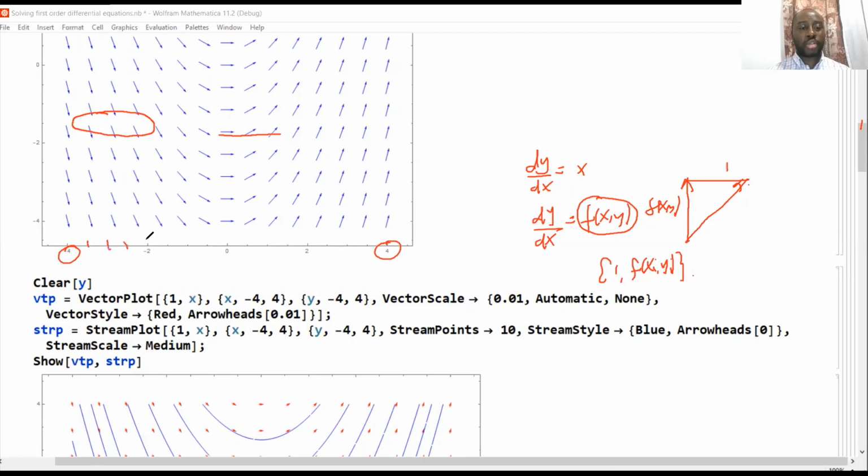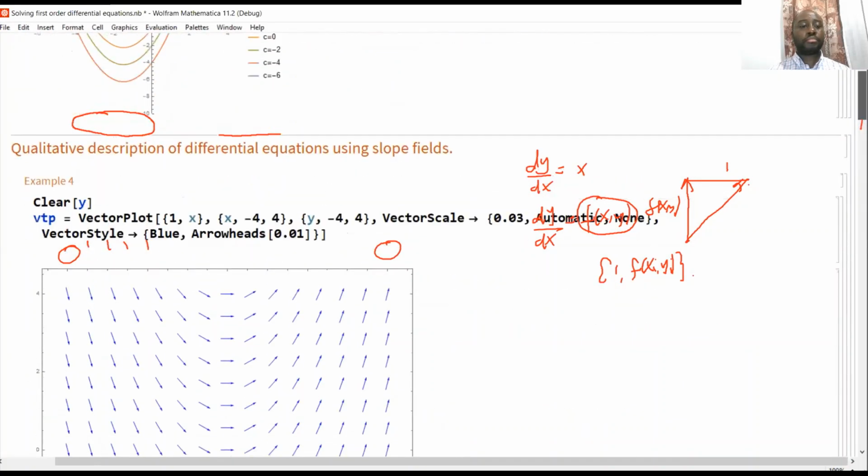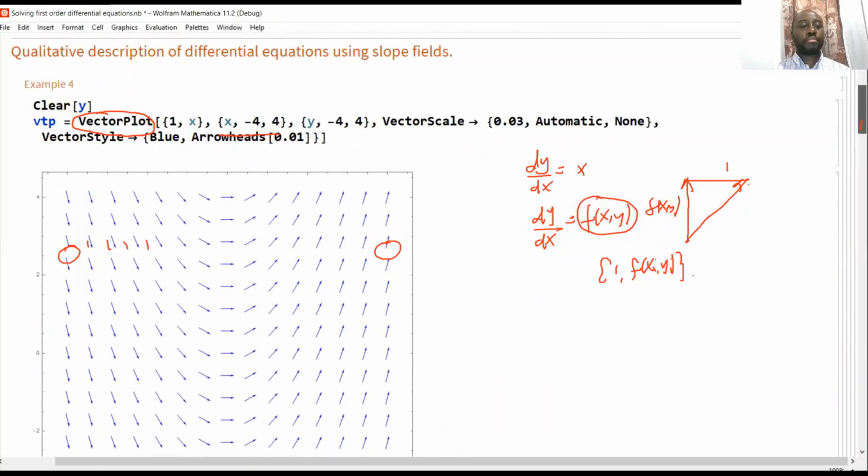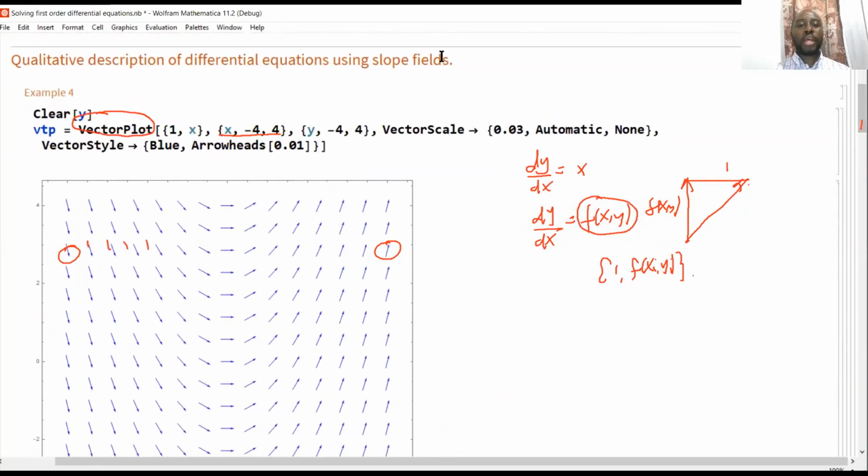This is how it constructs the grid, and that's how it formulates the slope field. So you have to tell it what range of x values you want, and then you also have to tell it what range of y values you want to see. Again, that range is represented here. That is 4, and you have a 4 down there also. So those are the first three arguments: the first argument, the second argument, the third argument.